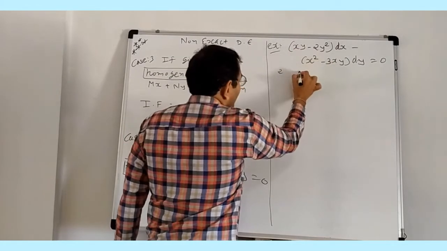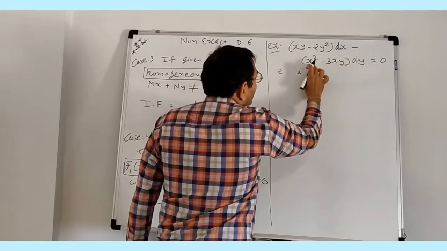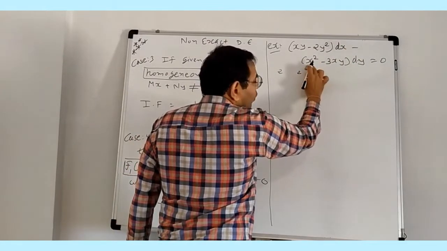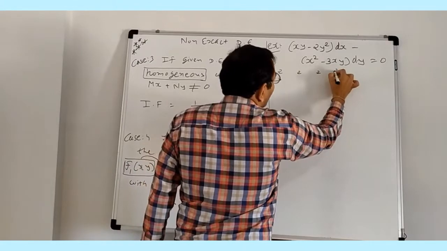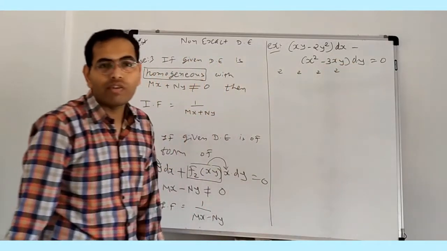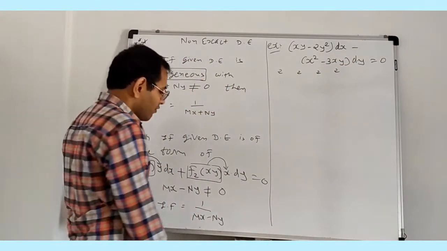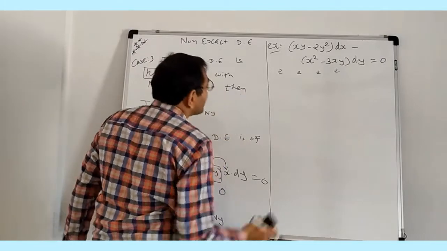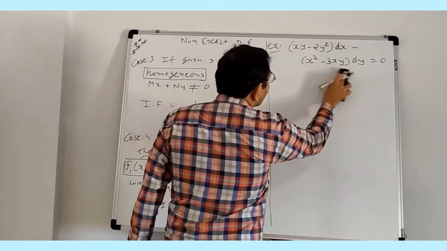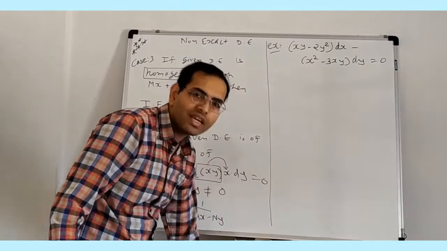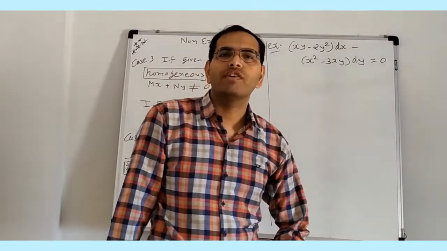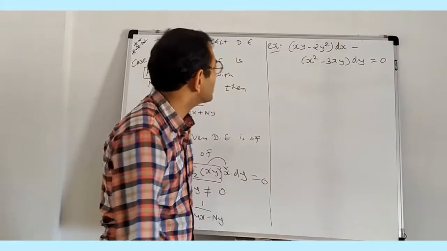Here y square is also 2. The third and fourth terms also have a total count of variables 2. Each and every term has the same count of variables, so we can say that the given differential equation is homogeneous.